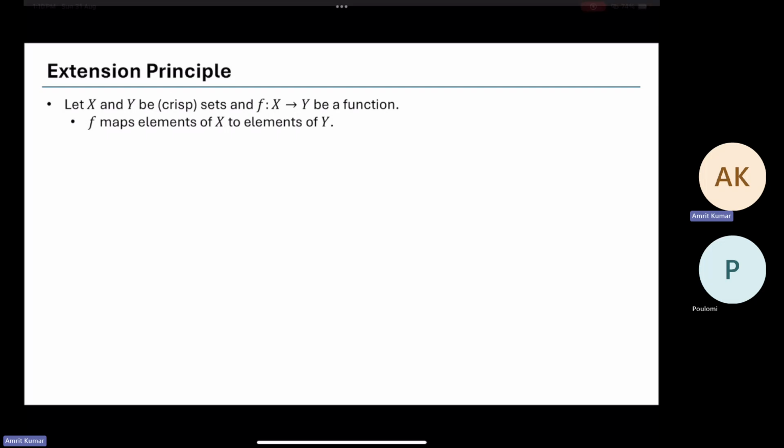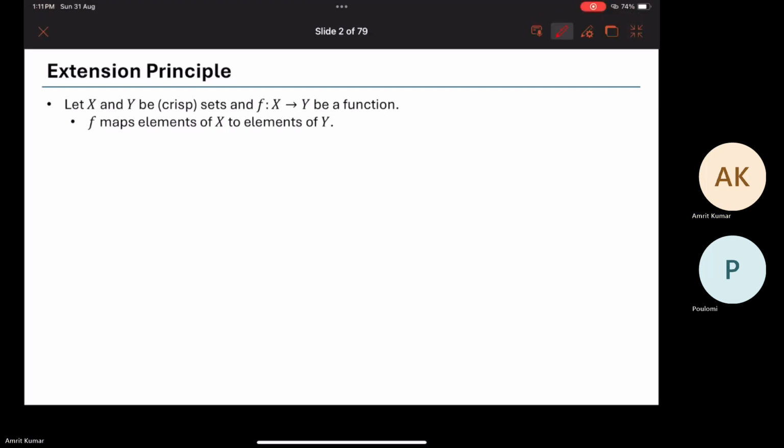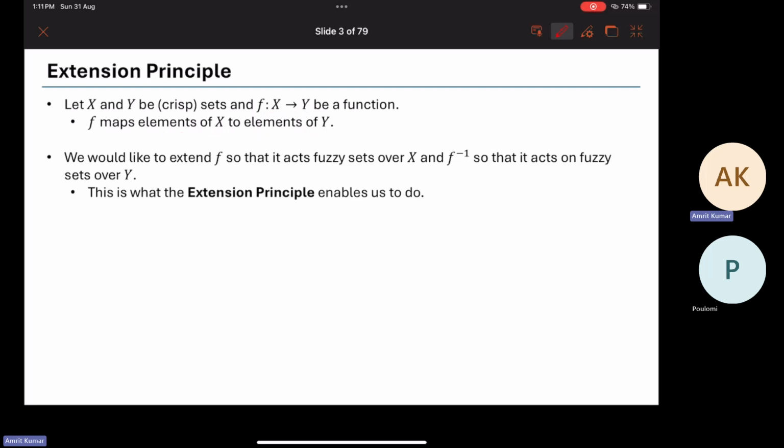So suppose I start with a crisp function from x to y. So f maps elements of x to elements of y. That's what the definition of a function is. Now it's natural to ask if we can extend the function f in such a way that f acts on the fuzzy sets of x, and if f is a function from x to y, then f inverse is a function from y to x.